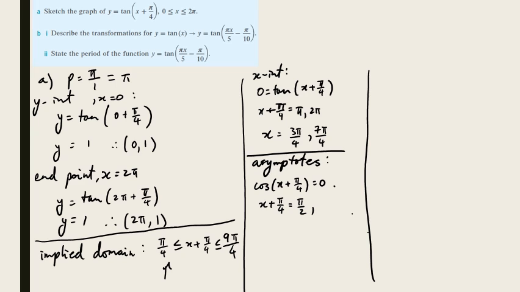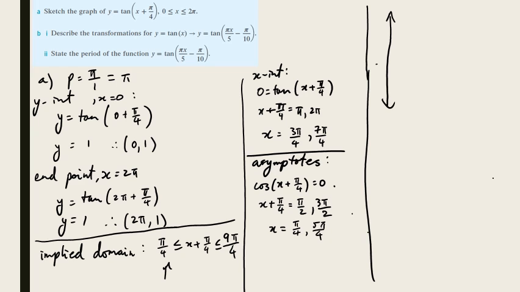So yeah, pi on 2, 3 pi over 2. If I can write, that would be great. Then we just subtract pi on 4 from each one. So it's pi over 4, then 5 pi over 4. Okay.